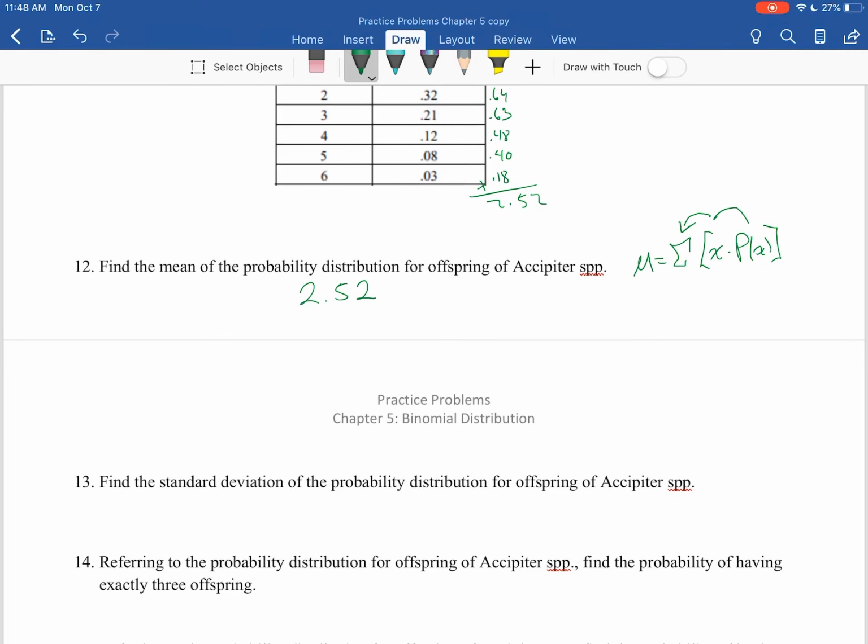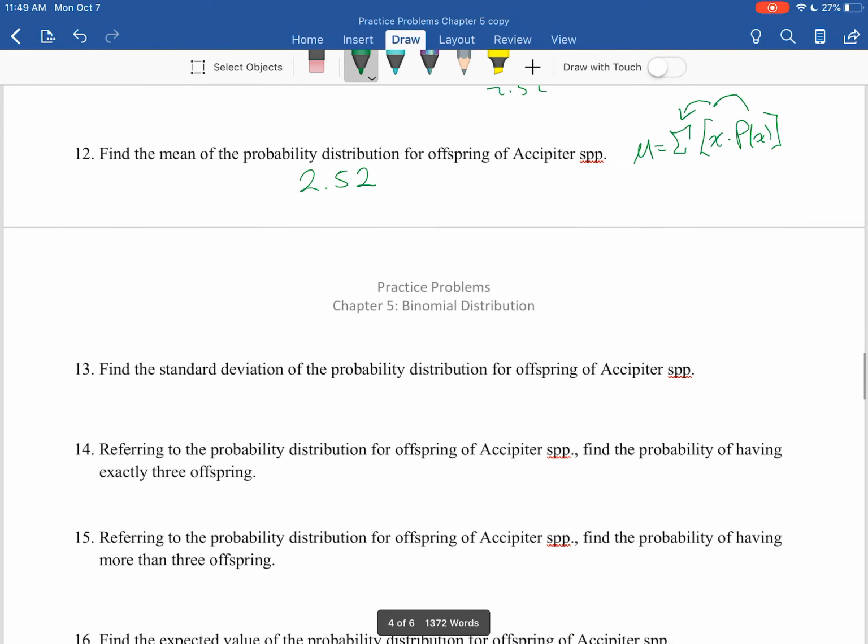When we're finding the standard deviation, if you look at our book, once again on page 185, you can see the formula for standard deviation. There are a couple of different ways to do the formula. You can follow the book.